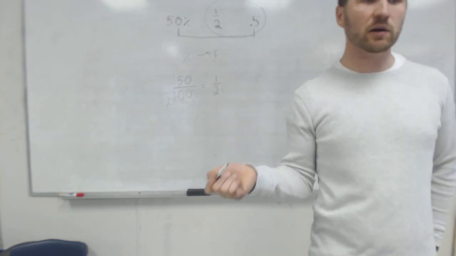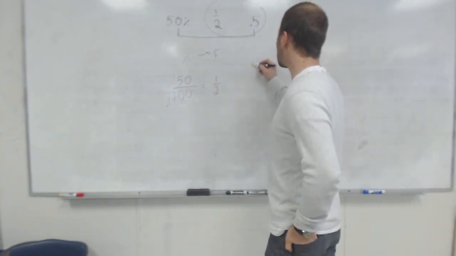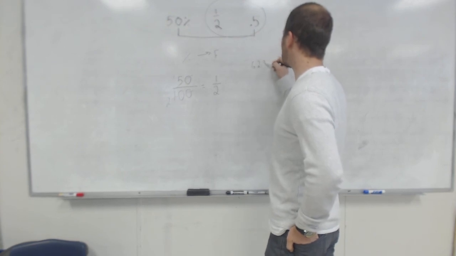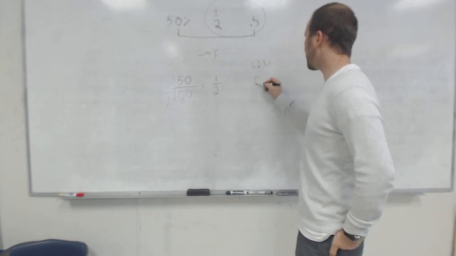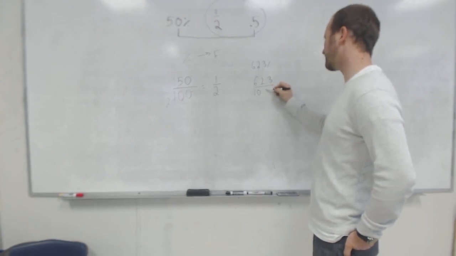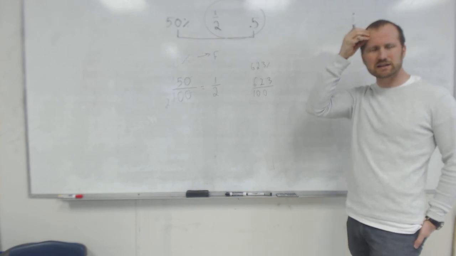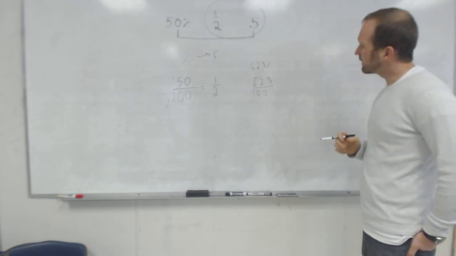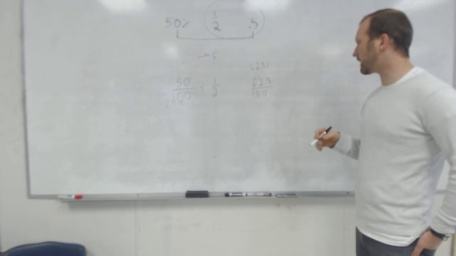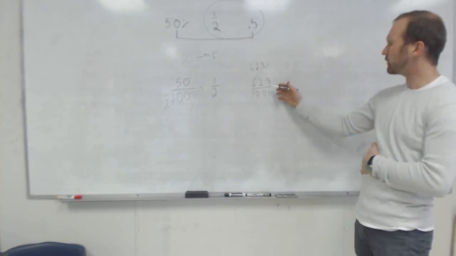So like if I started with something like 62.3%, and then I had 62.3 over 100, we can't reduce that. We could round, but that's not really converting, that's rounding.